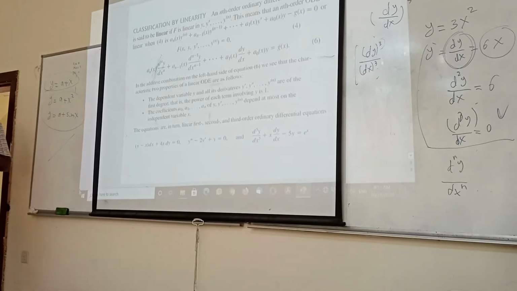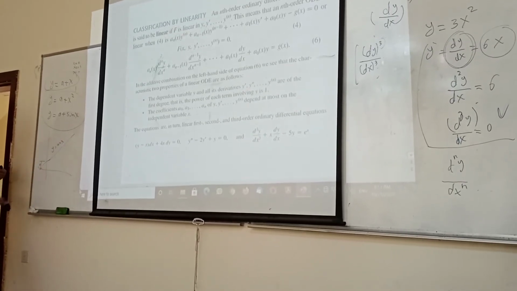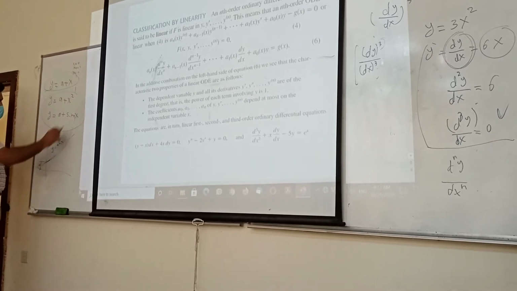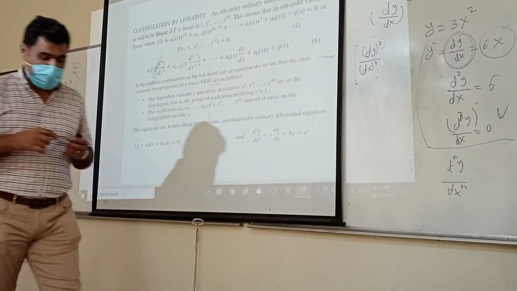A straight line. This is a, and this is the equation y equals a plus x, for example. But if you draw this one, it will be a plus, maybe this way. So the curve is nonlinear.